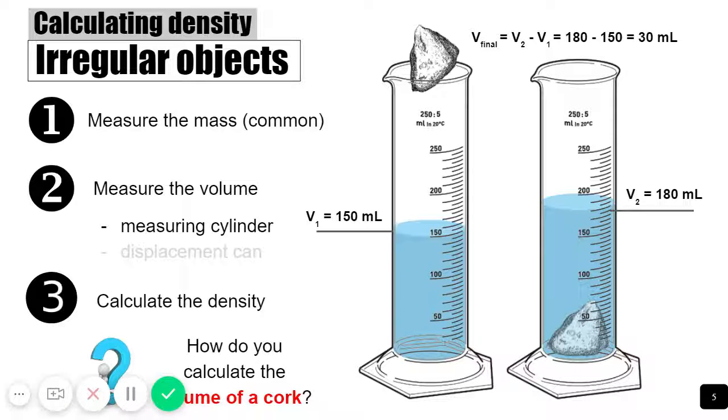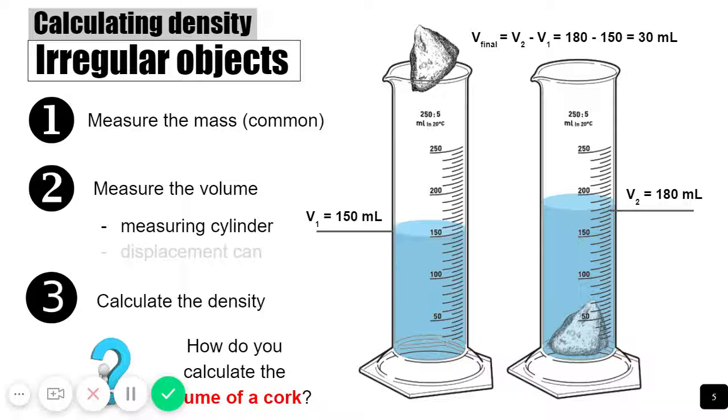That could be 150, it could be 100, depending. Once you drop the irregular object like this stone into the measuring cylinder, you will see that the water level has risen. In other words, we say that the water level has been displaced. The amount of water that has risen or displaced is actually the volume of the irregular object.